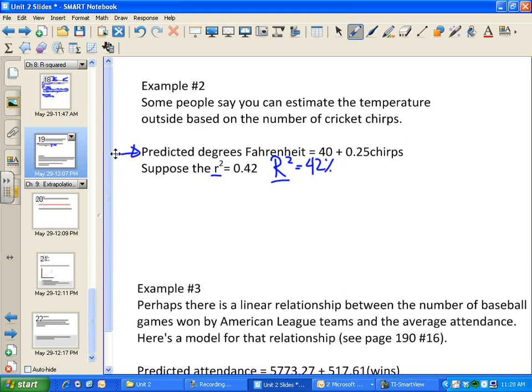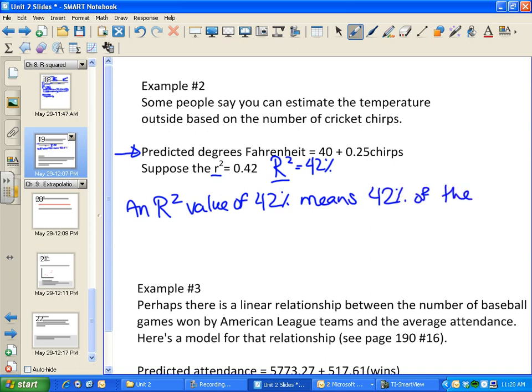All right, so I'm just going to follow that no-bake cookie recipe. An R-squared value of 42% means 42% of the variability.